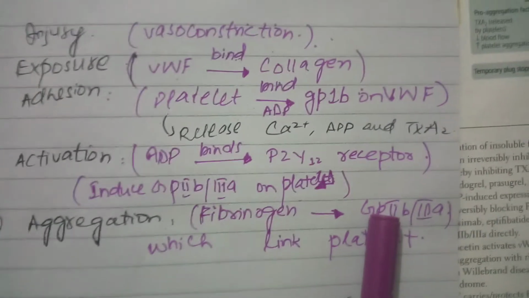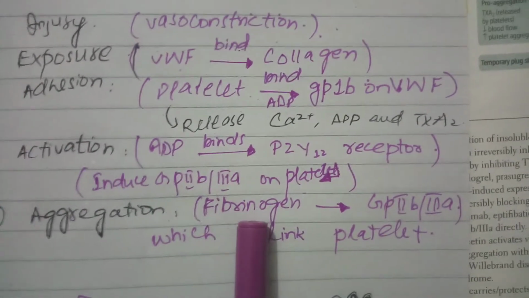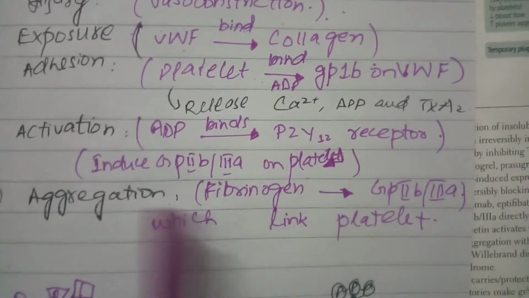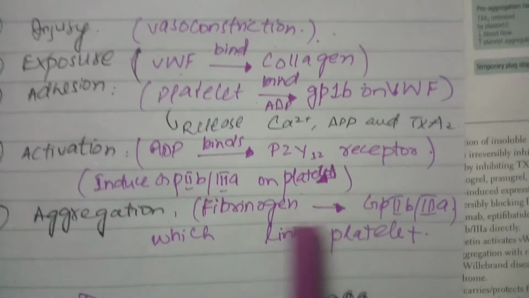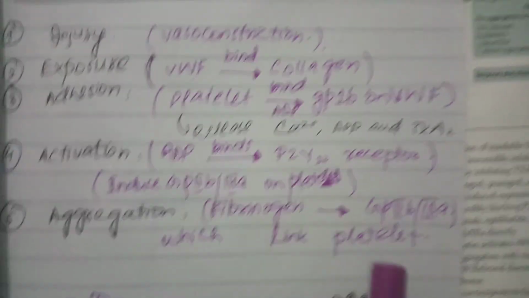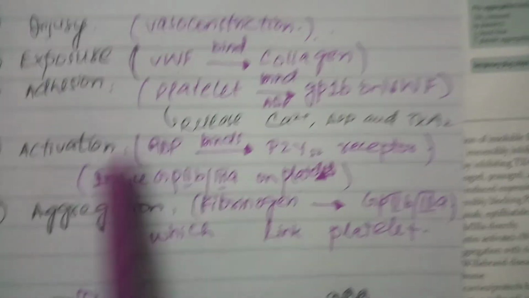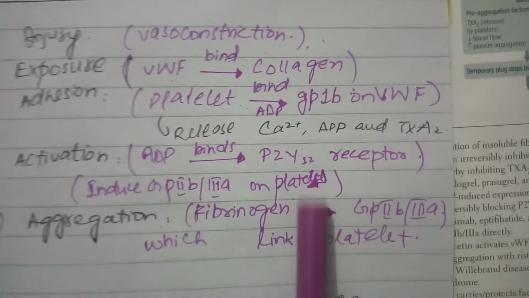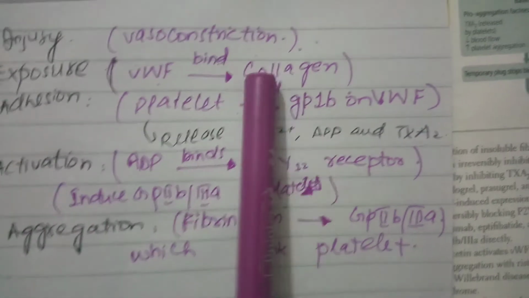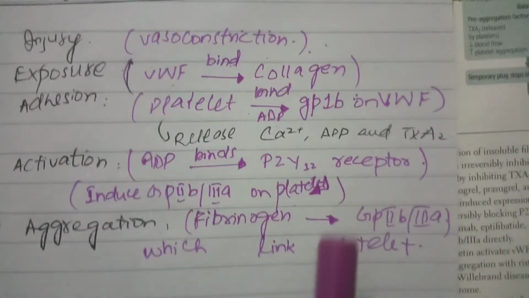That stick will hold that flag, and that flag will signal all the other policemen to come here. On seeing that fibrinogen, that means that glue that holds all the platelets, all those platelets or all those policemen will come to that one policeman and help him to catch that robber and send him to the police station.